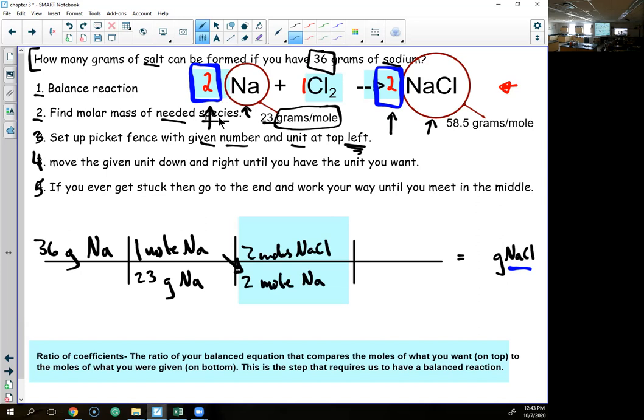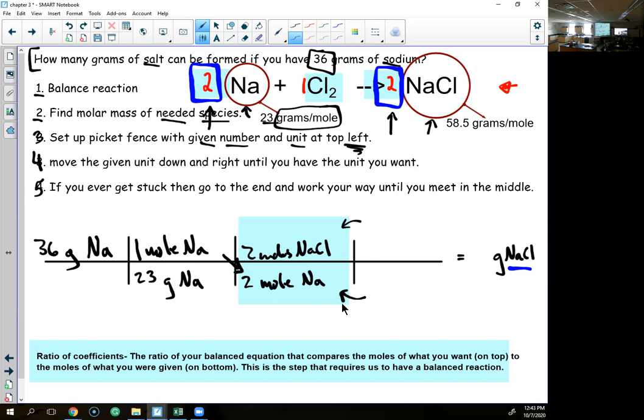And so when I made this fancy presentation, you'll notice this piece is light blue. These were all light blue. And then right here, this is light blue. This step right here is called the ratio of coefficients. The ratio of your balanced equation that compares the moles of what you want, and that goes on top, to the moles of what you were given, and that goes on bottom.